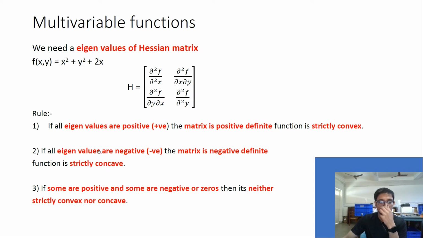If all eigenvalues are negative, then the matrix is negative definite, and the function is strictly concave. If some are positive, some are negative, then it is neither strictly convex nor strictly concave.